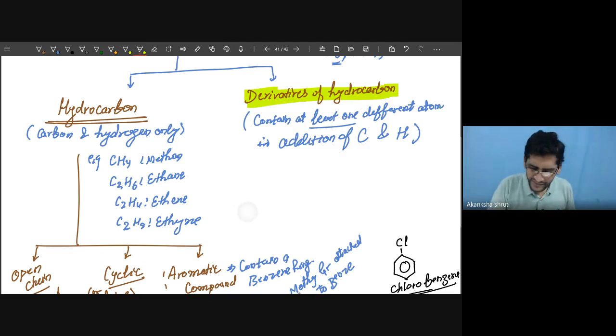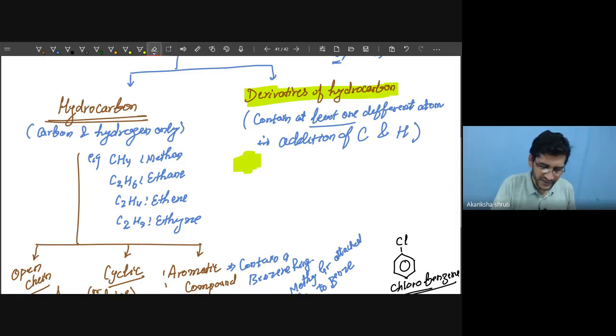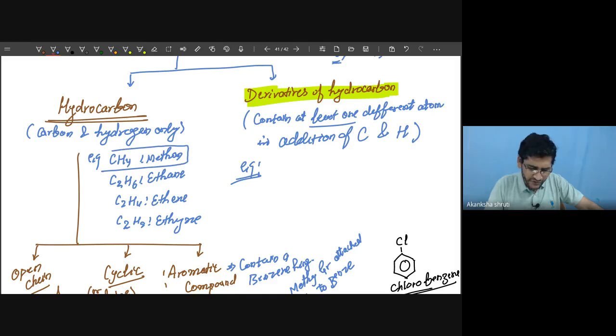Example, write down the example. The examples are like this. We know that the formula of methane is CH4. The structure of methane is like this: four hydrogens are attached to one carbon.